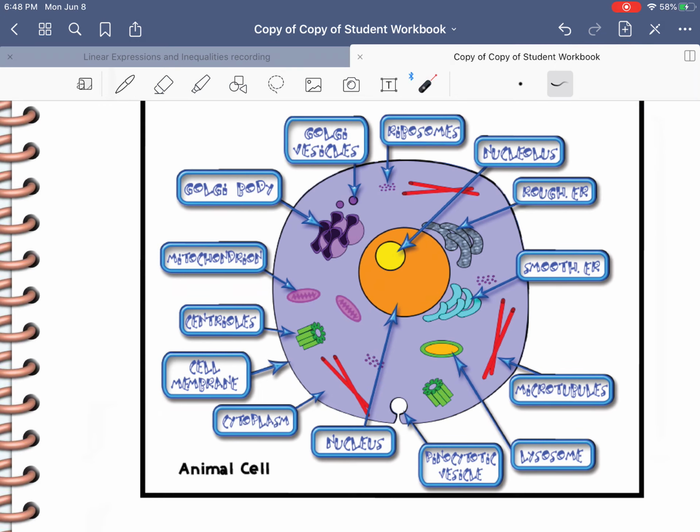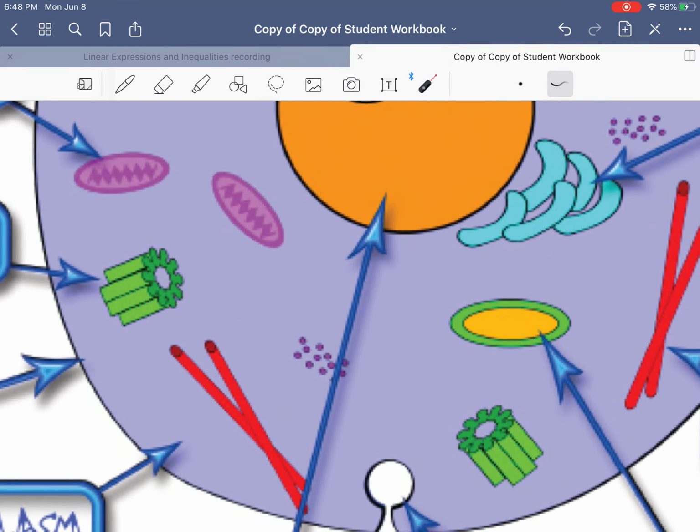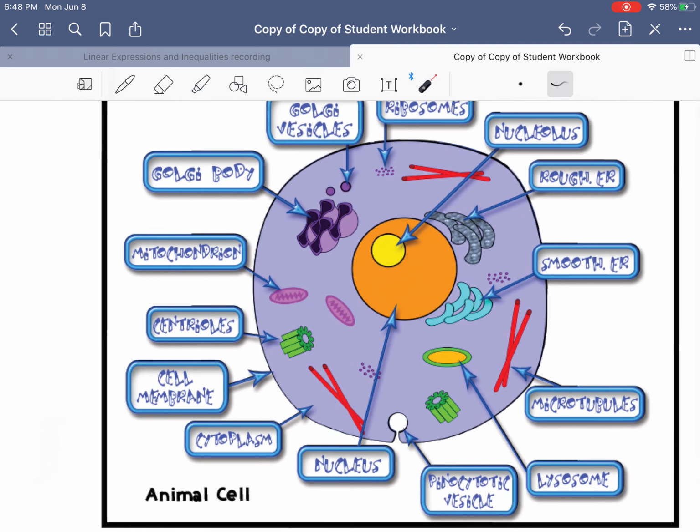And then the ribosomes are these little peppery looking things, these little dotty things. Remember, they make proteins. Cytoplasm is this purple, the jelly part. We've talked about the nucleus. And we're getting to these other things. There's the rough and the smooth ER.